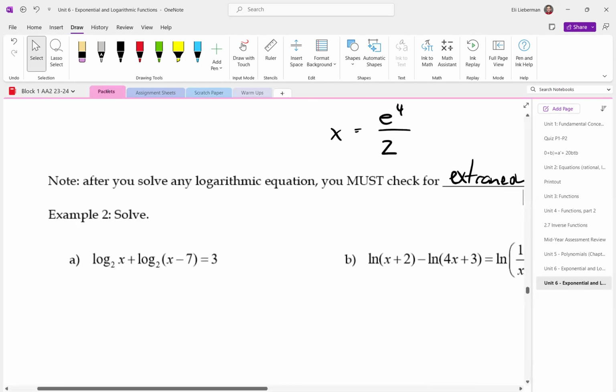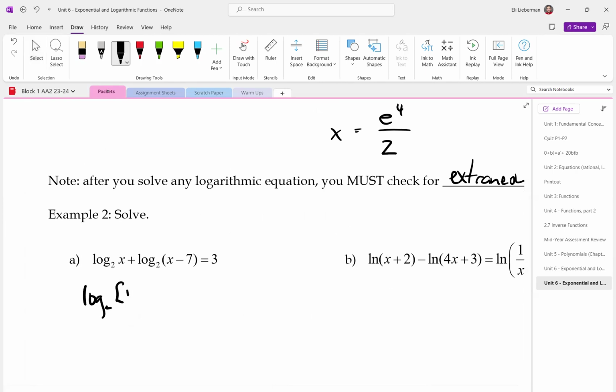Okay, for A, what can we do with that left side? Yes, Emma. Are we good with that, everybody? That's perfect, right? That product rule of logarithms. From here, I'm going to give you a moment to finish.